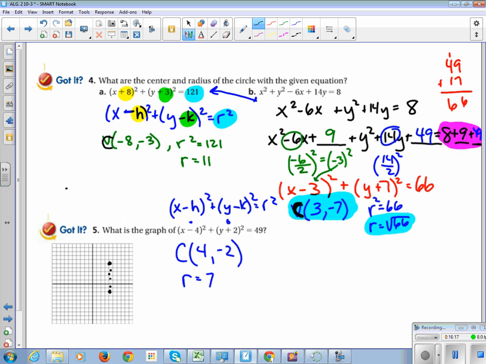Go south, 6, 7. Gotta mark my center a little better. Go west, 1, 2, 3, 4, 5, 6, 7, and now I'm going to go east, 1, 2, 3, 4, 5, 6, 7. So once I have all those points, north, east, west, and south, I can connect them with a smooth curve.